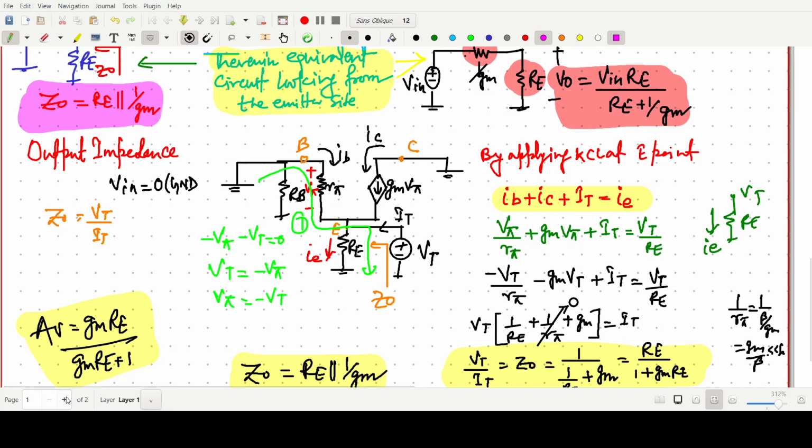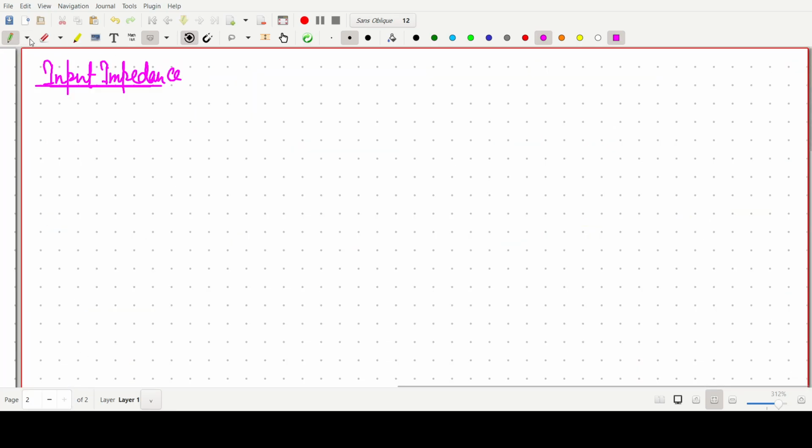I will make the circuit. Again we have to do the same thing: for the input impedance, we have to make the small signal model circuit. Every time you have to do this.